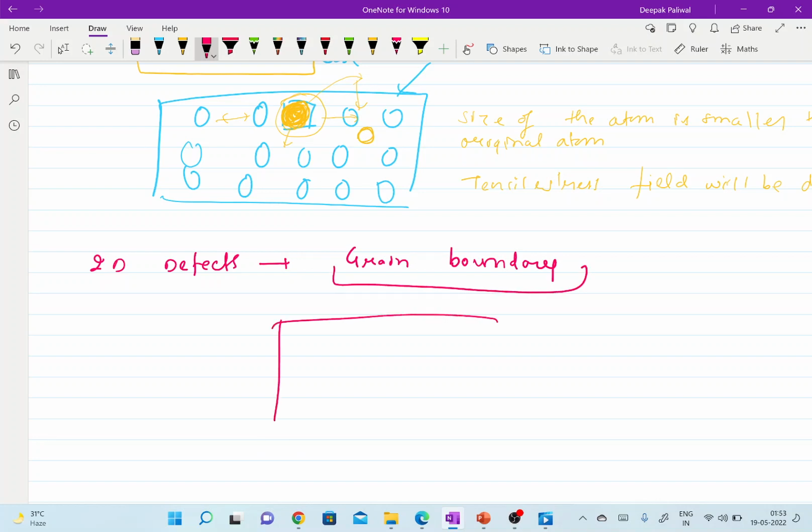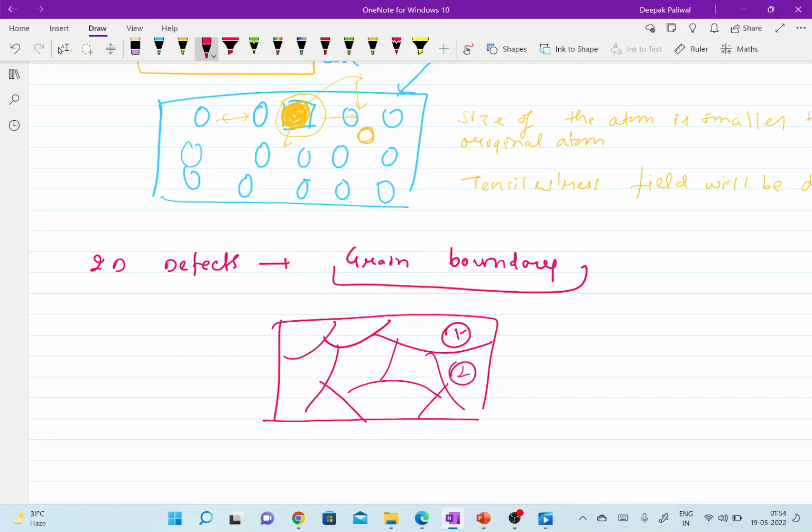In case of a polycrystal material, suppose this is the polycrystal material. Suppose this is the first grain and this is the second grain. The first grain has a different orientation, and the second grain has a different orientation.